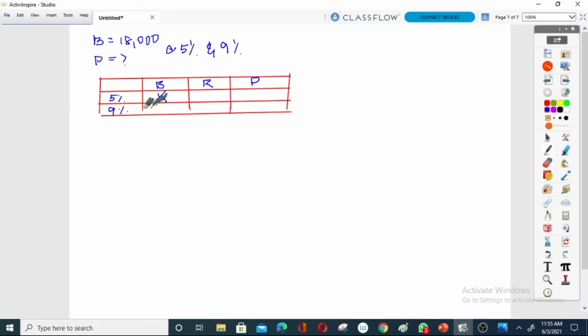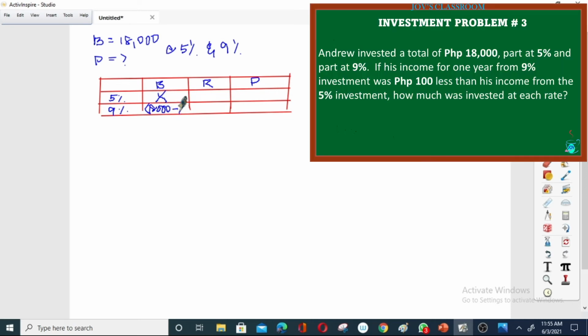And then the remaining is at 9%, so 18,000 minus x. Because part is invested at 5%, the remaining is 18,000 minus x.